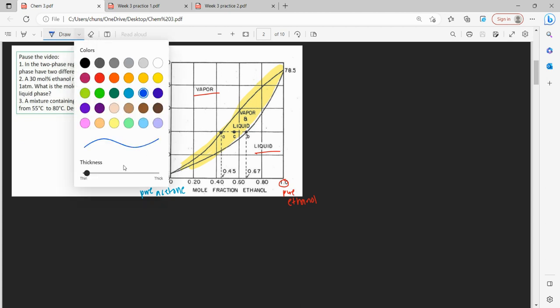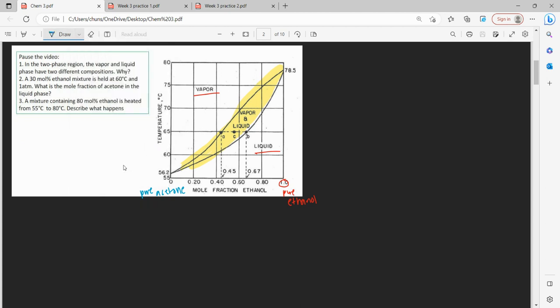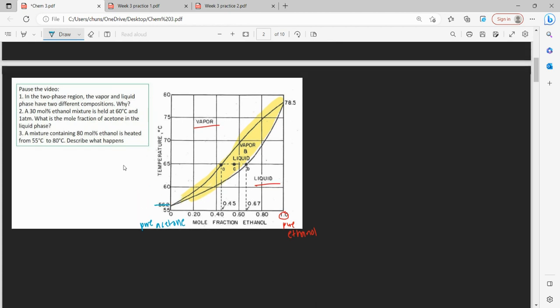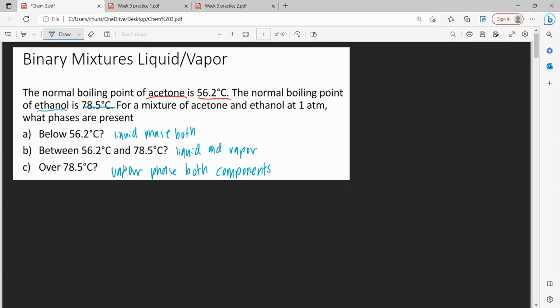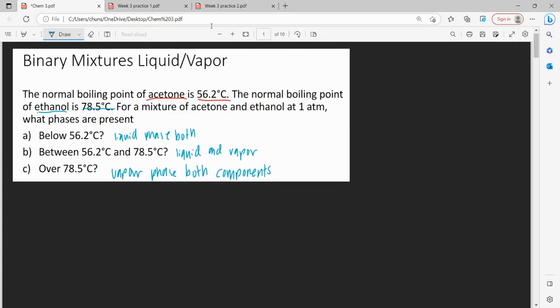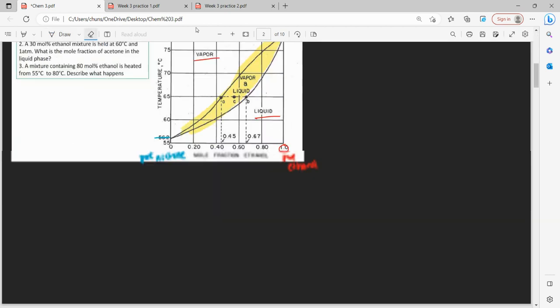So we know that for our acetone, our boiling point, let me just color match these better so it gets less confusing. So pure ethanol and pure acetone.